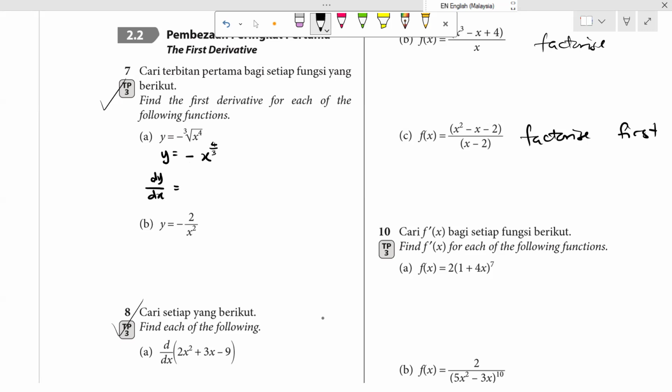That is, bring down the power to the front, multiply with the negative 1, so we have negative 4 over 3, x to the power of 4 over 3 minus 1. So 4 over 3 minus 1, you are left with negative 4 over 3, x to the power of 1 over 3. So you can leave your final answer as negative 4 over 3 cube root of x. That's it. Okay? Right.